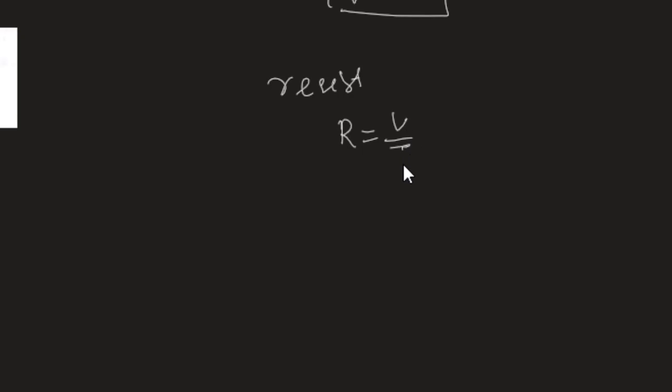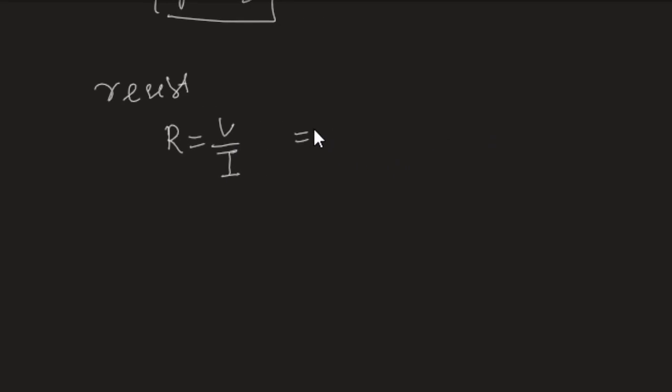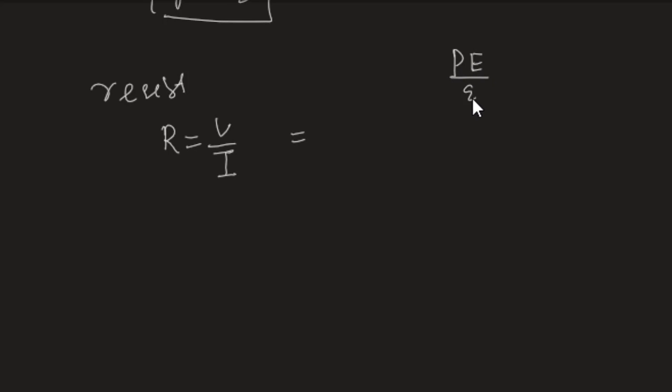So what is potential? Now we know potential is potential energy divided by charge, right? And potential energy has the dimension of work, that is mass length square T minus 2. What is the dimension of charge? Charge can be written, we know dq by dt is equal to I. So in place of dq I can write I dt.